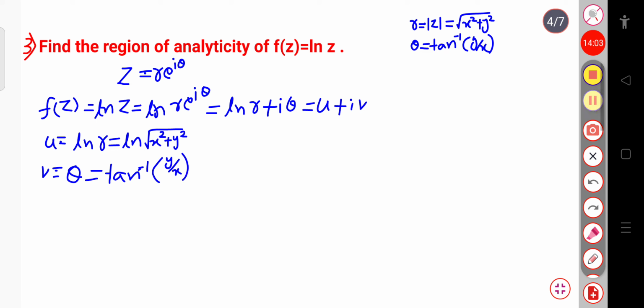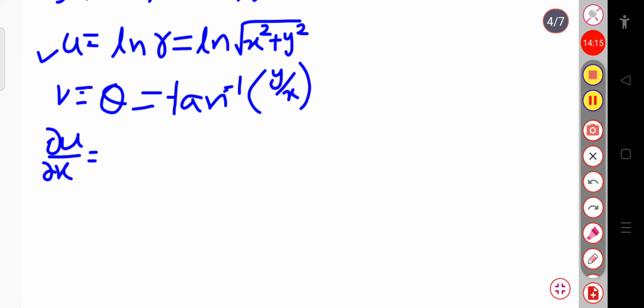Now we will solve for ∂u/∂x. So let me write ∂u/∂x. For this we have log of the root of x square plus y square, which is equal to 1 by 2 times, since log a^b is b log a, (x² + y²)^(1/2), this 1 by 2 comes out, 1 by 2 ln of x square plus y square.